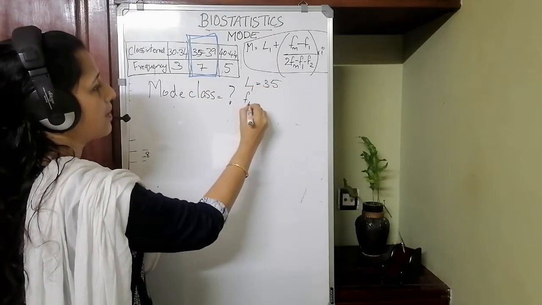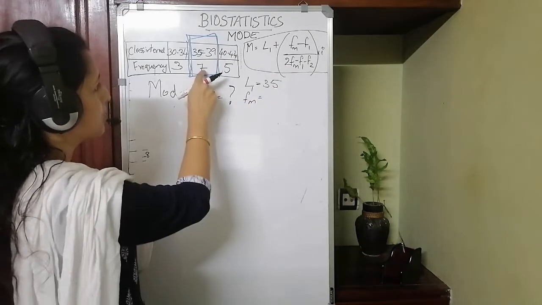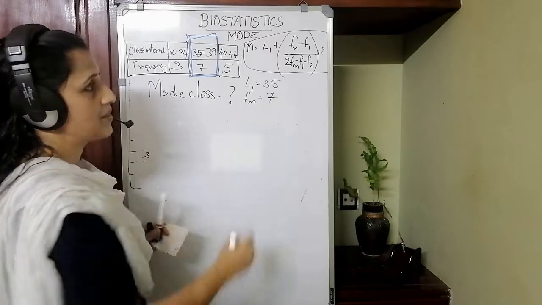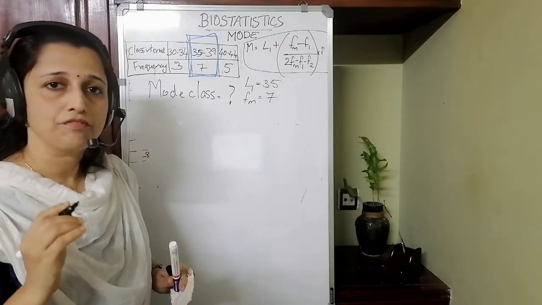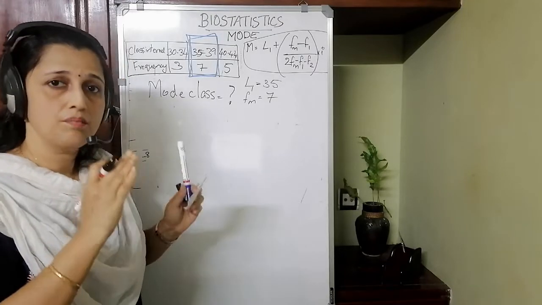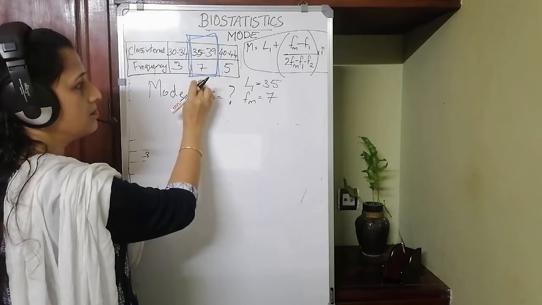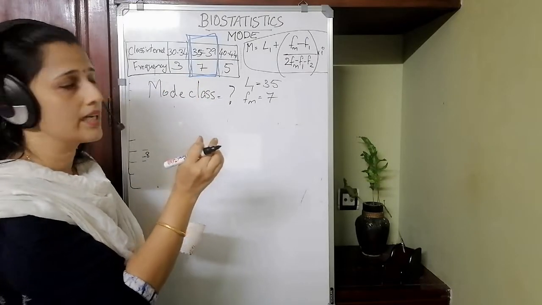Now next is Fm. Fm is the frequency of the mode class. The frequency of the mode class is 7. Next is F1. F1 is the frequency of the preceding class. Preceding means just before the mode class.